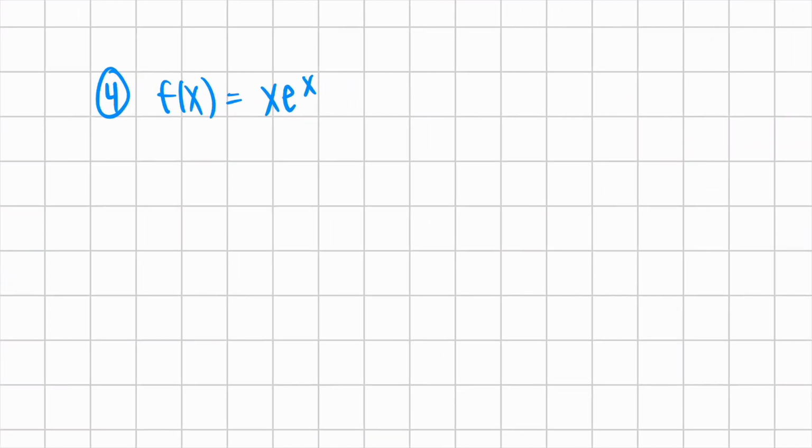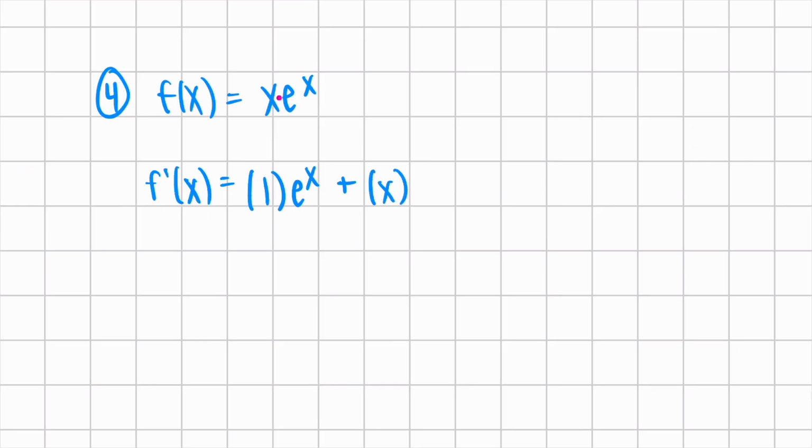Next one, I'm multiplying x times e to the x. When I take the derivative, I'm going to start by taking the derivative of the first function. My first function is x. Derivative of x is 1. Leave your e to the x. Plus, now leave your first function, x.